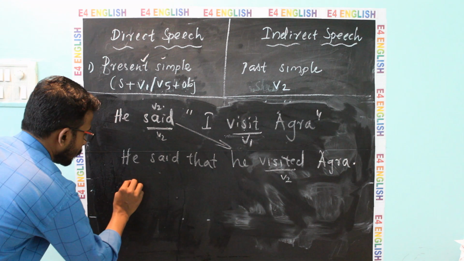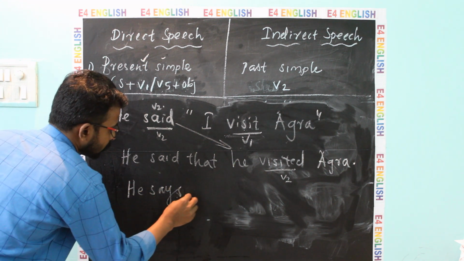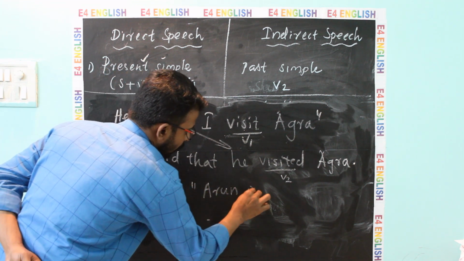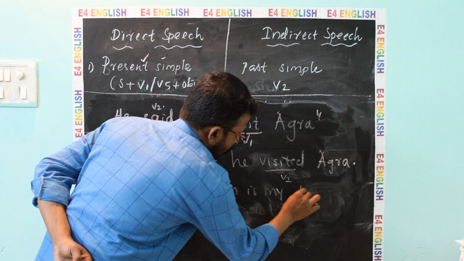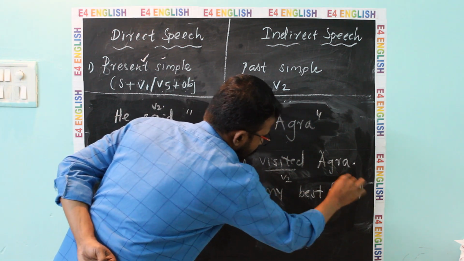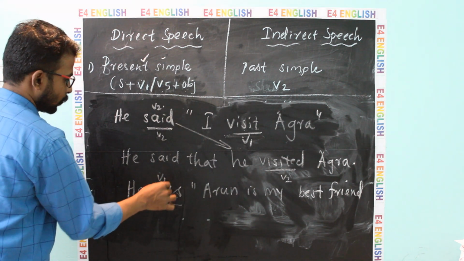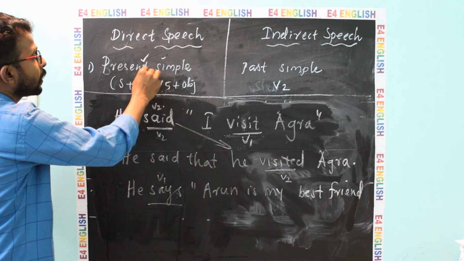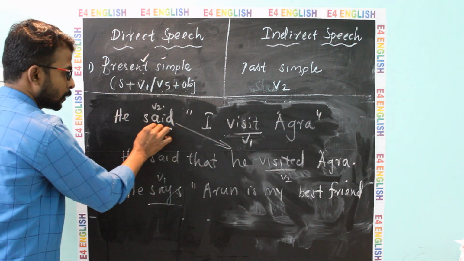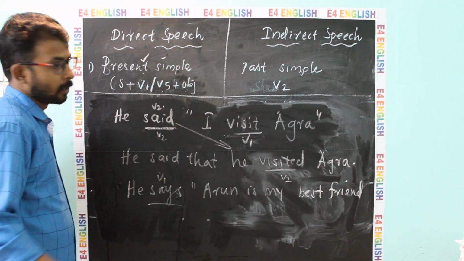Then another example. He says, Arun is my best friend. In this example, says is V1. So there is no need to change the tense, because as I told you earlier, if the reporting verb is V2, then only you have to go with the table.